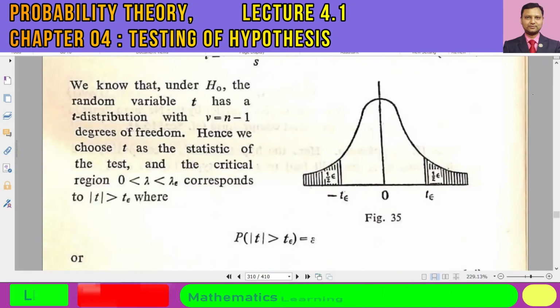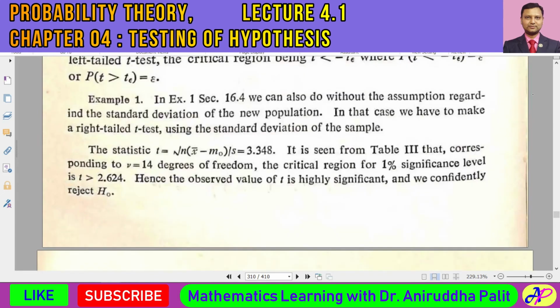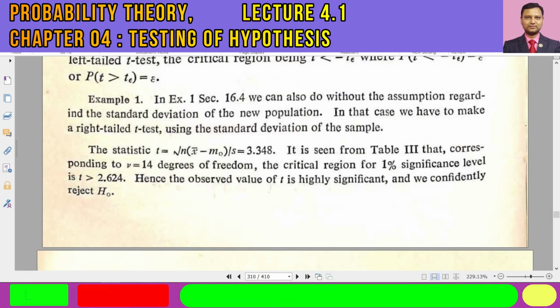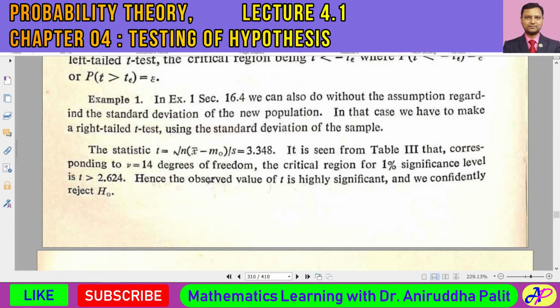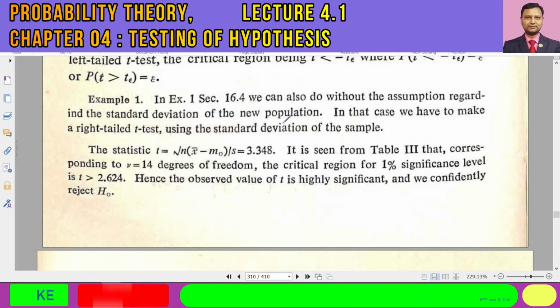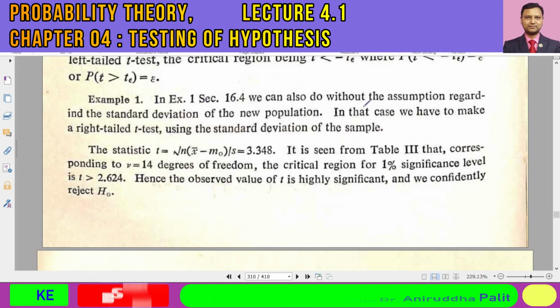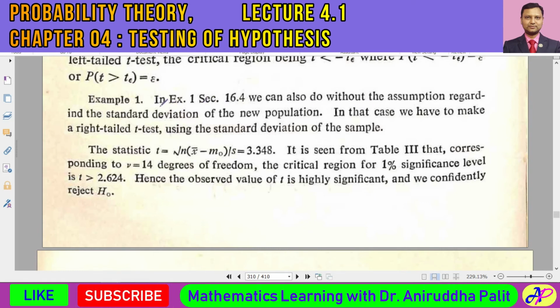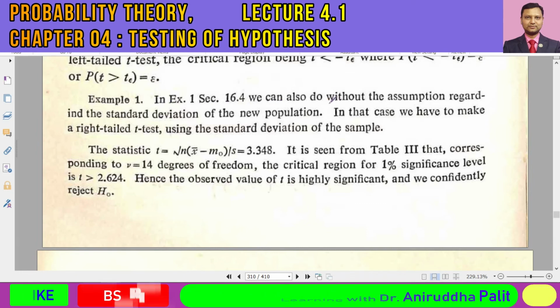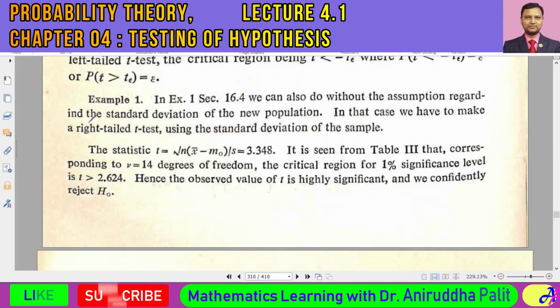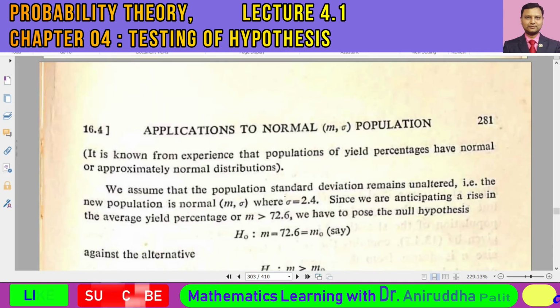Over here you can consider this type of problem, the same problem, with just one difference: without assuming anything regarding the standard deviation, we can also solve the problem. What was the standard deviation that we considered? This much information was provided: sigma is equal to 2.4.